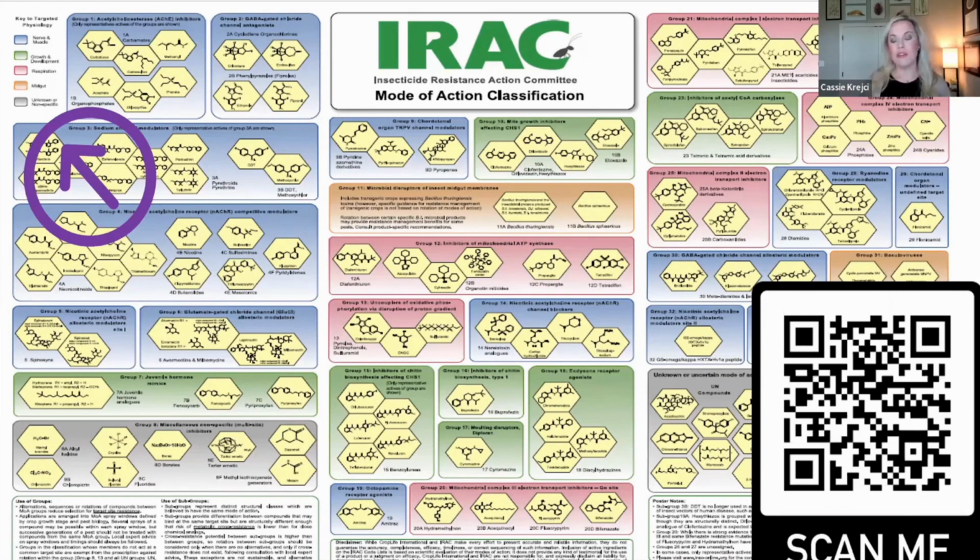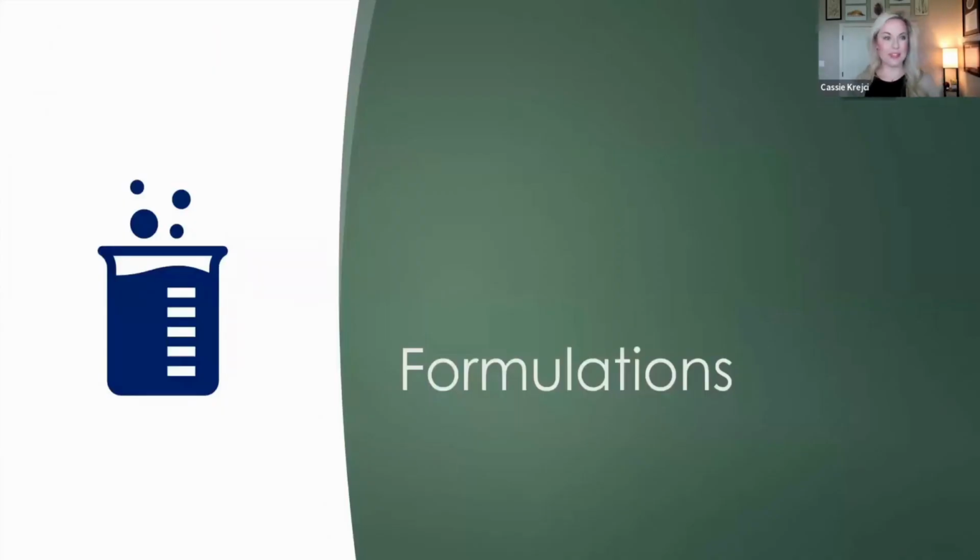Energy production will be affected by those in the red and gray boxes. And then IGRs will fall in those green boxes. And again, you're looking at more than just professional pest control here. You're looking at agriculture pest control as well across the world. So I hope that tool helps you. And now we get to move on to the meat of today's talk, which is formulations.